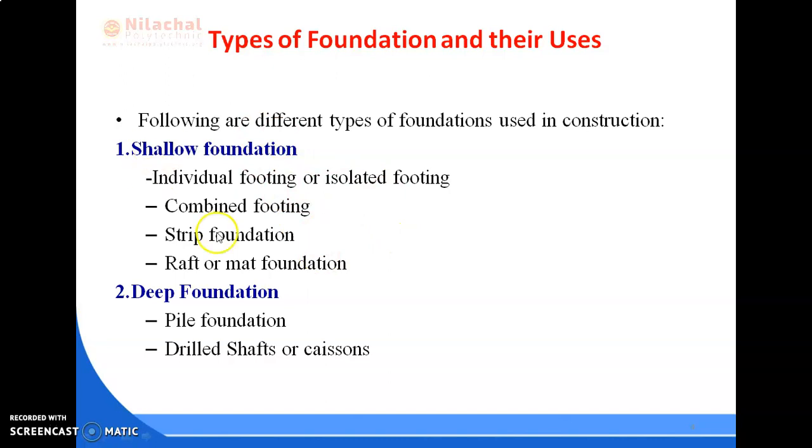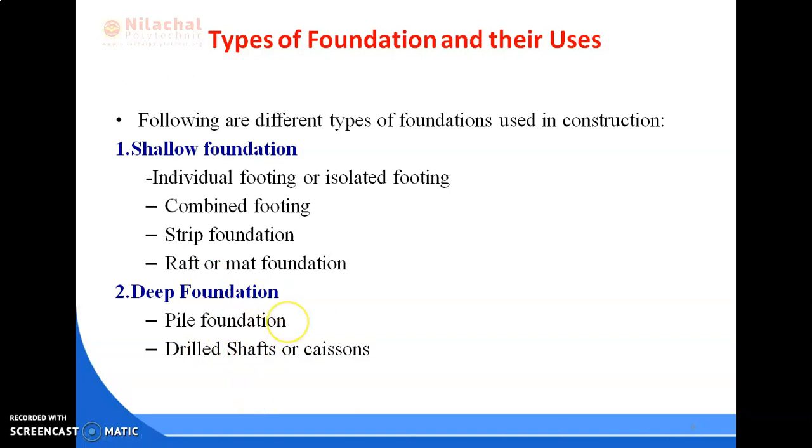So according to this, they are divided into two types, shallow foundation and deep foundation. Shallow foundations are of these types: individual footing or isolated footing, combined footing, strip foundation, raft or mat foundation. And the deep foundations are of types like pile foundation, drilled shafts or caissons. So these are some examples of these types of foundation.